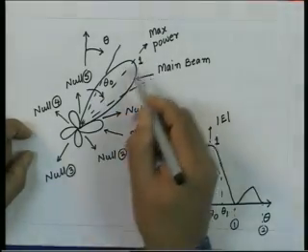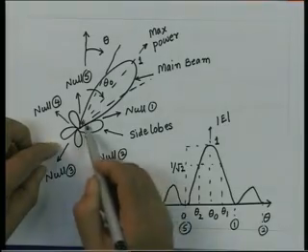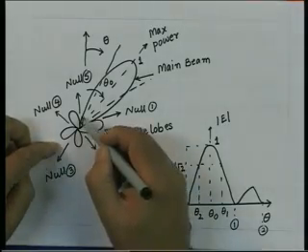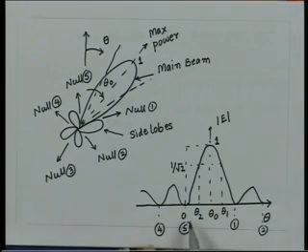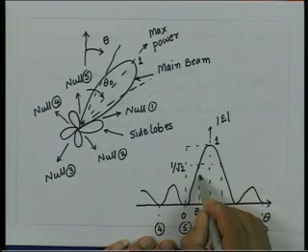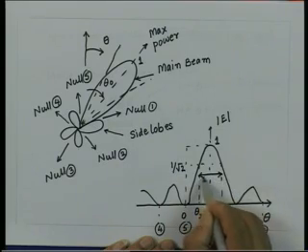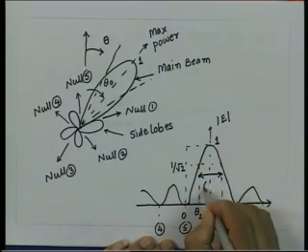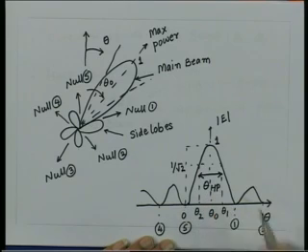That means, if I go from the direction of maximum radiation to the first null on this side and the first null on the other side, this beam width from here to here we will call the beam width between the first nulls. So, this beam width here is theta half power, and the beam width from here to here is theta first nulls.